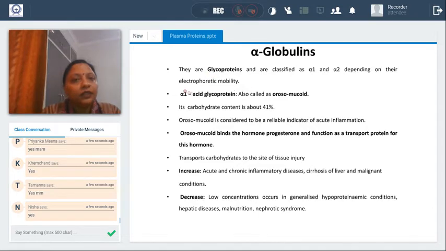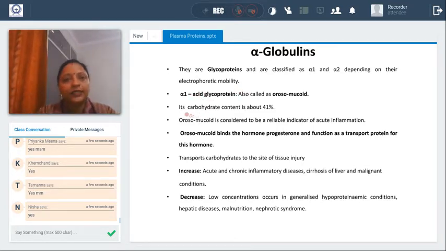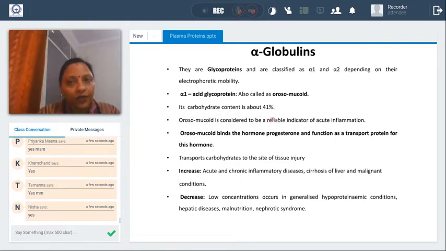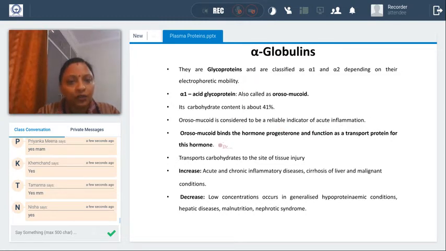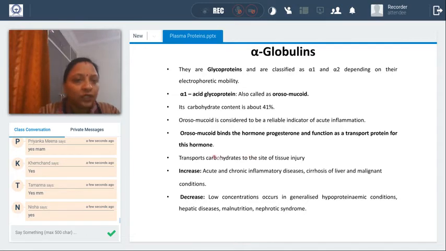Alpha globulins. They are glycoproteins and are classified into, again, alpha 1 and alpha 2 depending on the electrophoretic mobility. So first is alpha 1 acid glycoprotein, also called as orosomucoid. Its carbohydrate content is about 41%. Orosomucoid is considered to be a reliable indicator of acute inflammation. Please remember, this is a reliable indicator of acute inflammation. Orosomucoid binds the hormone progesterone and functions as transport protein for this hormone.